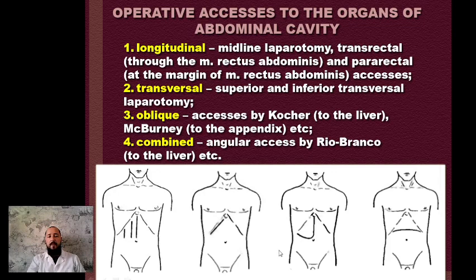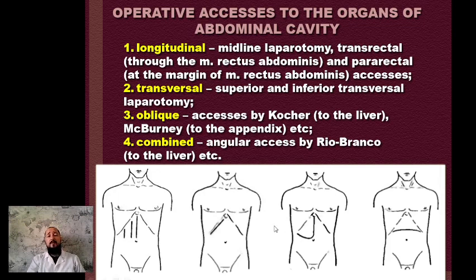Oblique incision could be such approaches, incisions by Kocher, for example, like shown on this picture. It's an incision to the liver with a right subcostal incision, or it could be a left subcostal incision to the spleen, for example. Gridiron incision is not shown on this picture, but I suppose you know this gridiron incision locates in the right iliac fossa to the appendix, to the McBurney's point.